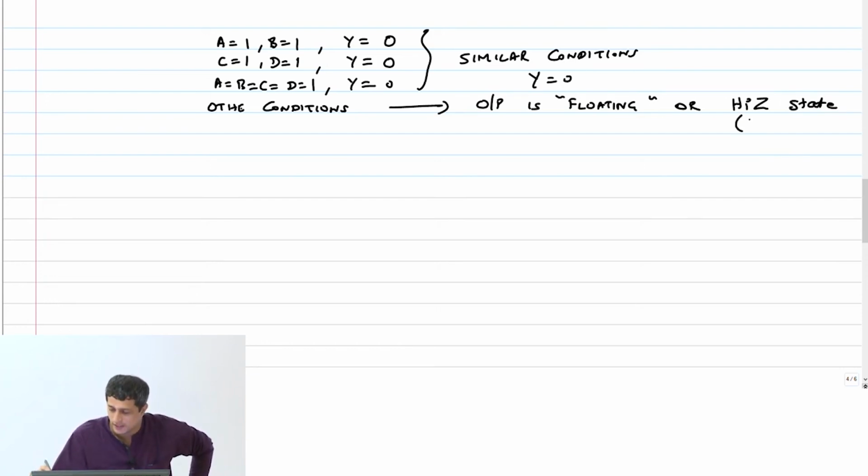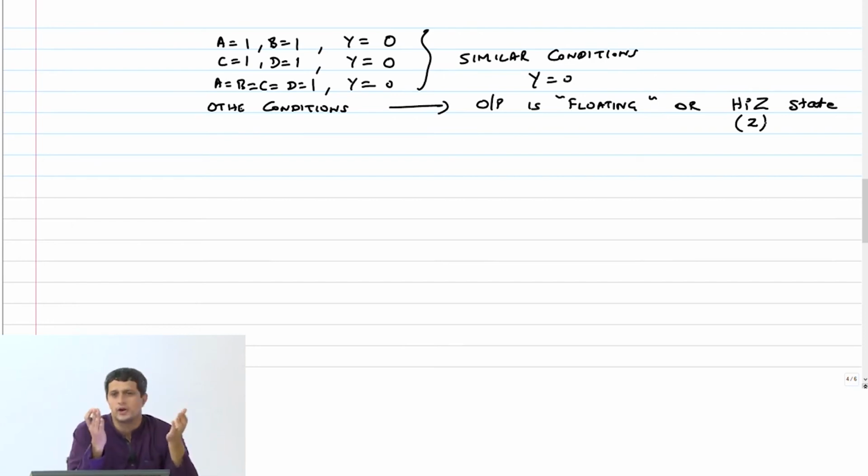And we basically represent this by Z. So typically high impedance means the output is going to float on a capacitor somewhere. Okay, so we'll use this at a later point.